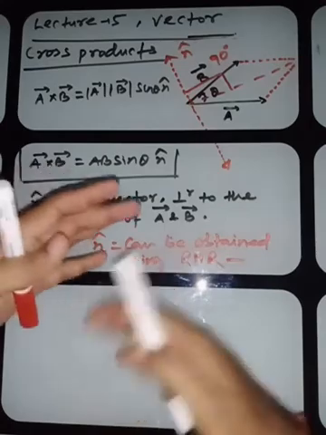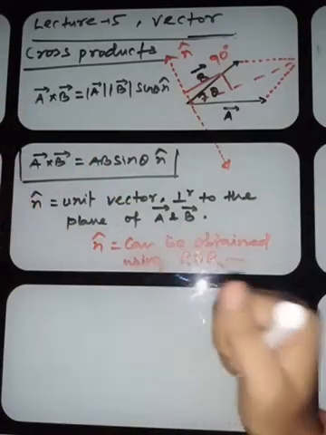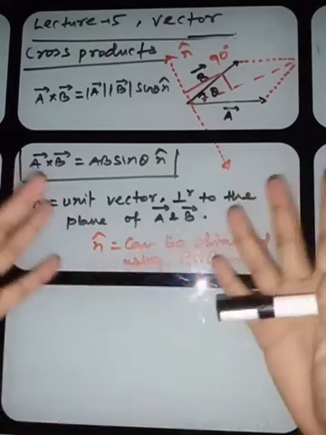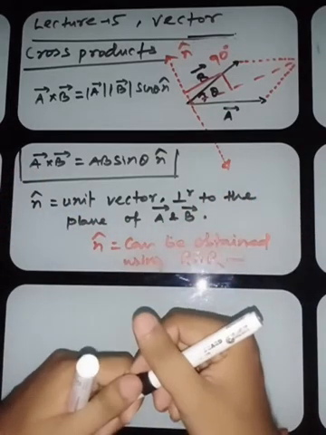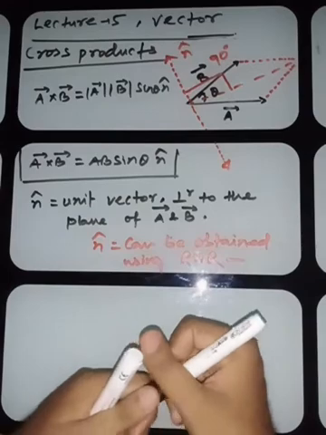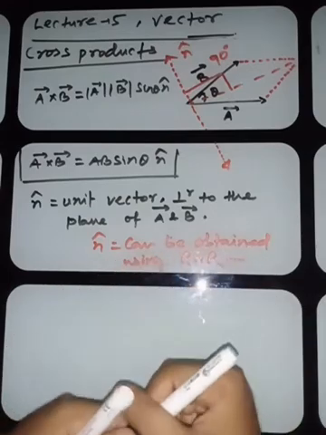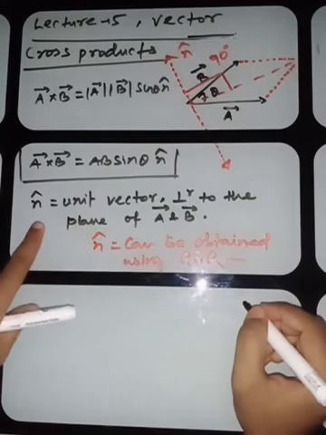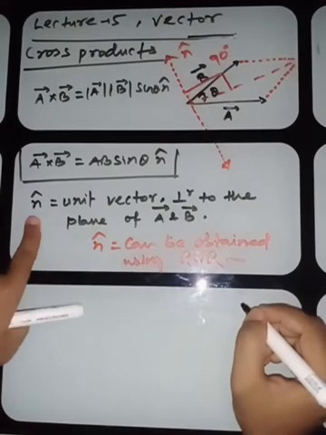Otherwise, there are a number of rules given in books or in YouTube lectures, but this will be the simplest way to find the n cap. We will do an exercise to find this n cap because this is very important.